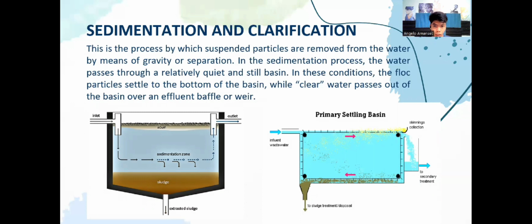In the sedimentation process, the water passes through a relatively quiet and still basin. In this condition, the floc particles settle to the bottom of the basin, while clear water passes out of the basin over an effluent baffle or weir. We can see in the picture below that the sediments are settled at the bottom part of the tank and the cleared water is conserved for the process.